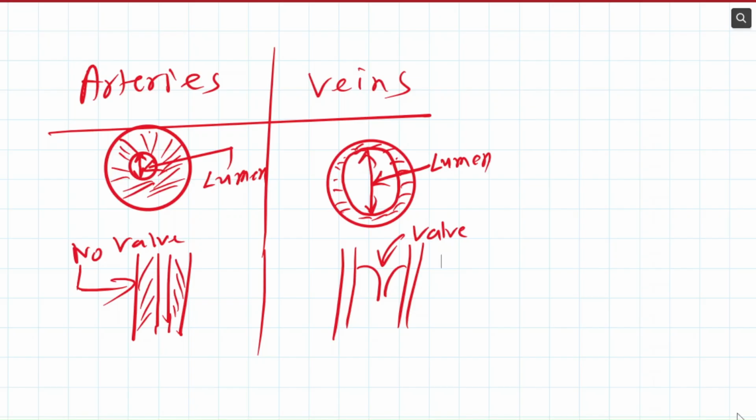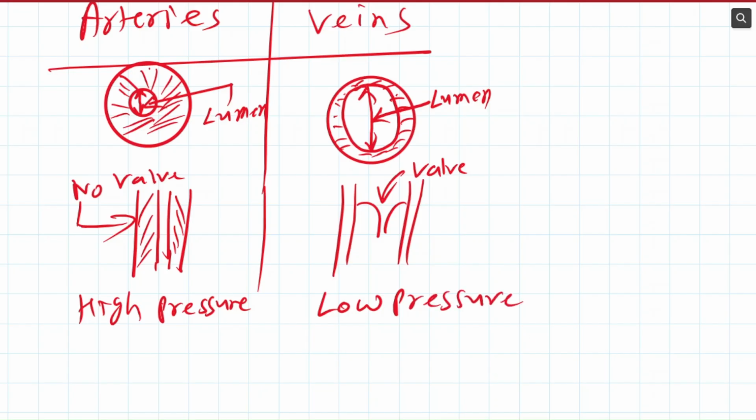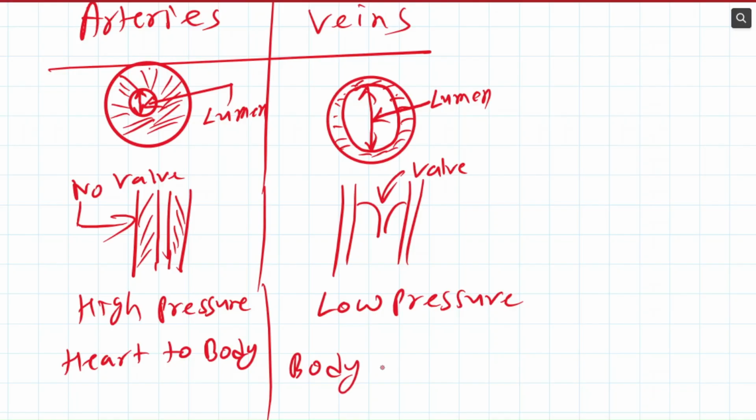Other than this, you will find arteries carry high pressure, or you can say more pressure blood, while here low pressure blood is flowing through the veins. Remember, arteries carry blood from the heart to different body parts, while veins carry blood from body parts to the heart.